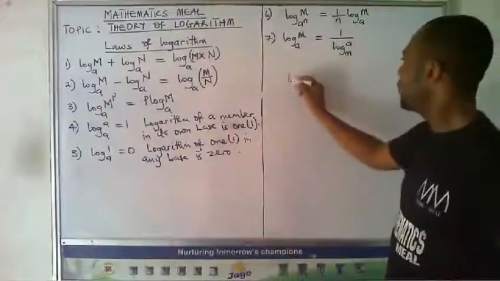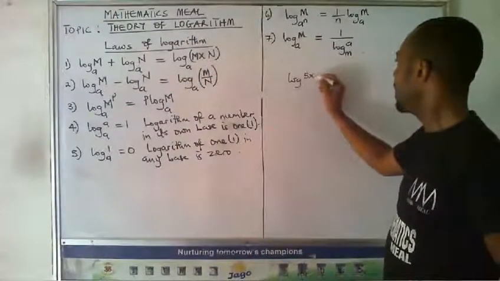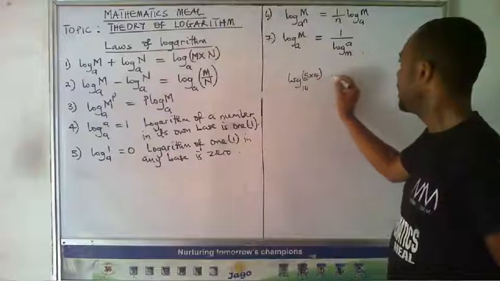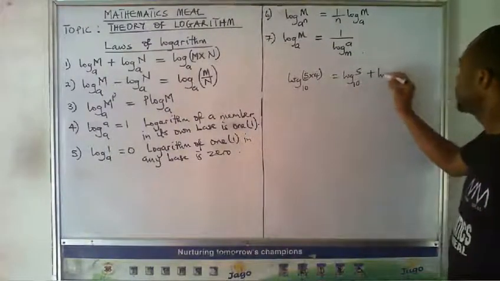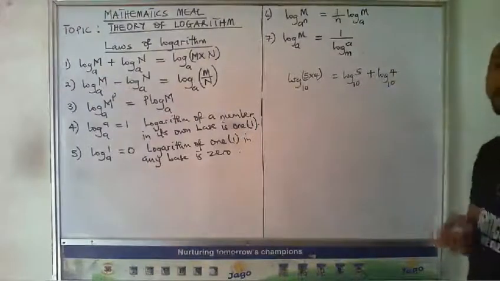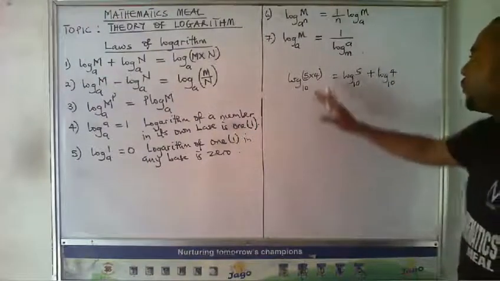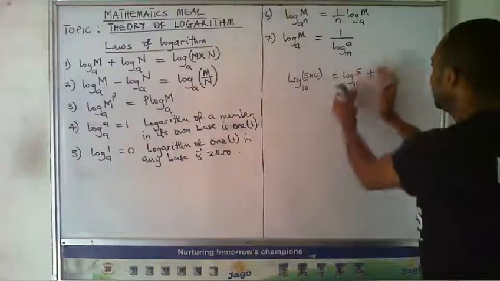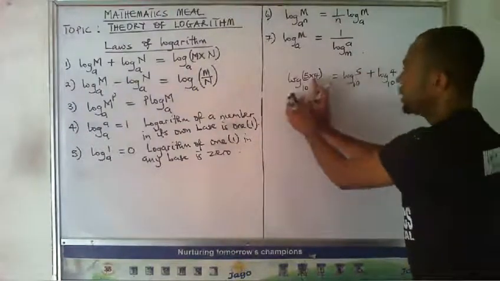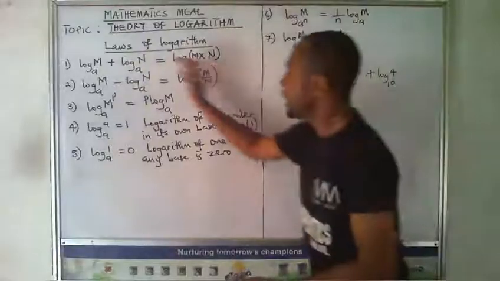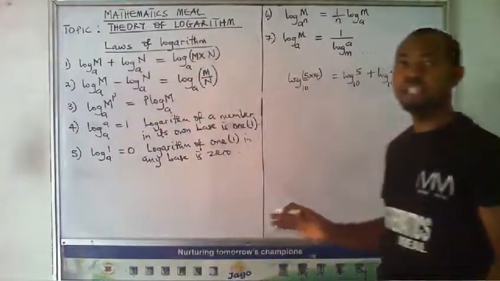Let's say I have log 5 times 4 base 10. I can write it as log 5 in base 10 plus log 4 in base 10. So if I have a logarithm like this, I can decide to split it like this. If I have a logarithm like that, I can decide to bring it to this form. So the laws work in two ways.